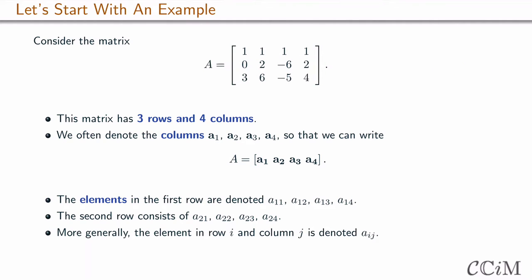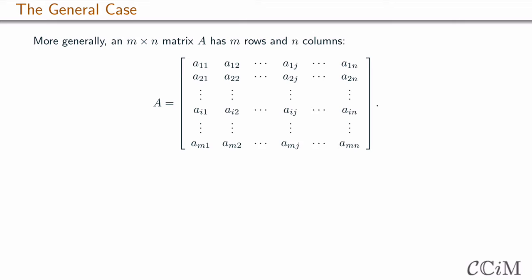More generally, an element in row i, so suppose this one is row i, and this one is column j, then the element in row i and column j will be denoted Aij. Here's a more general example. This matrix has m rows, 1, 2, all the way through m, and n columns, 1, 2, all the way through n.